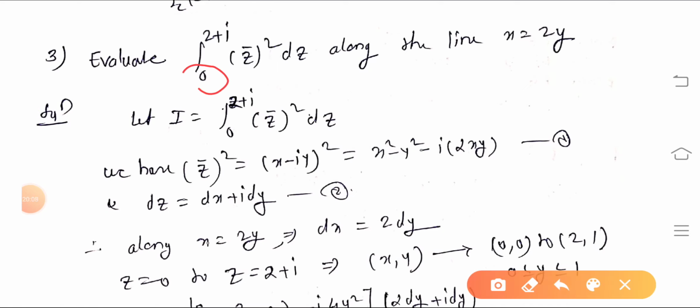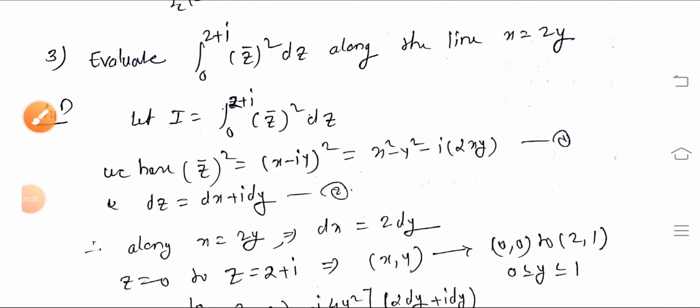Here z equal to 0 to z equal to 2 plus i means x comma y varies from 0 comma 0 to 2 comma i times 1, so y should be 1, so 2 comma 1, and y varies from 0 to 1.